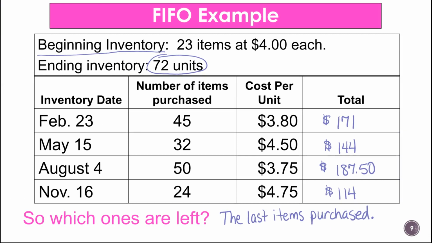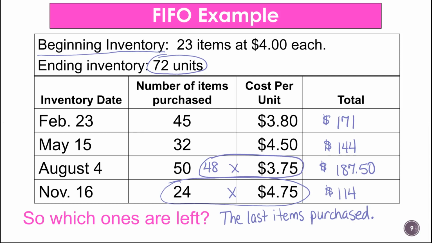I need 72. I start with these 24 hammers times 475. Then on the next category, I need 48 times 375, because 48 plus 24 gives me 72 hammers.